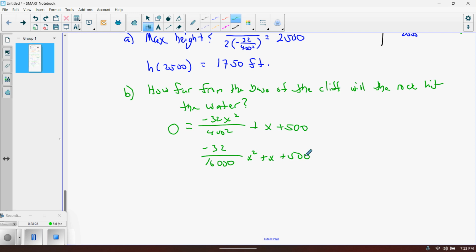Oh boy. So 32 is going to go into 160. I do know that much. 32 goes into 160, should be 5 times. So that means that we're going to get negative 1 over 5,000. If I did that correctly, I believe I did.